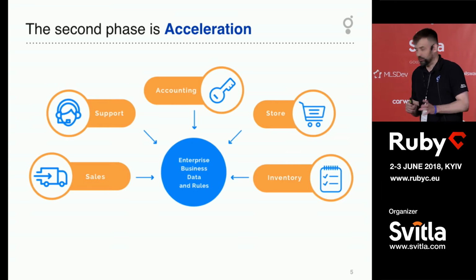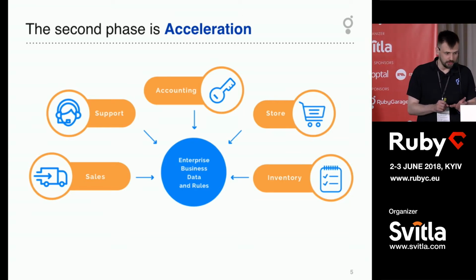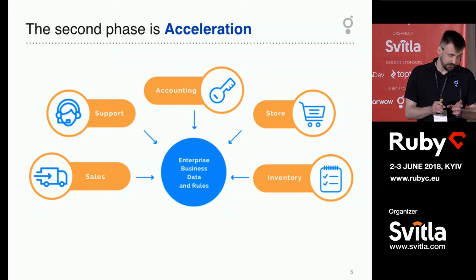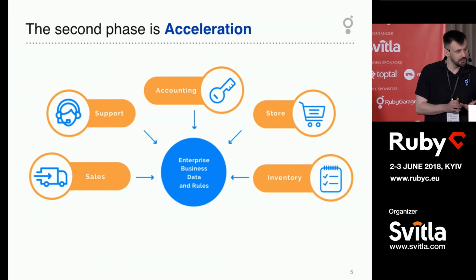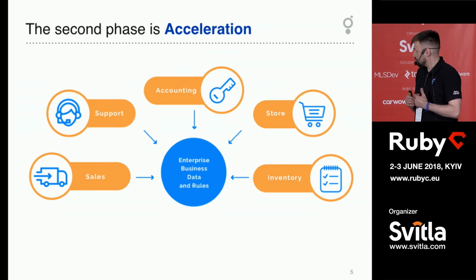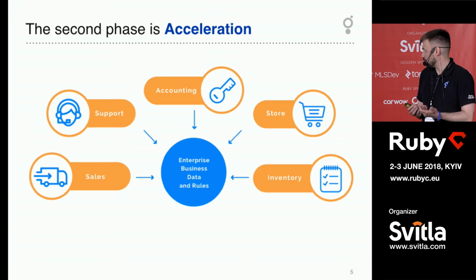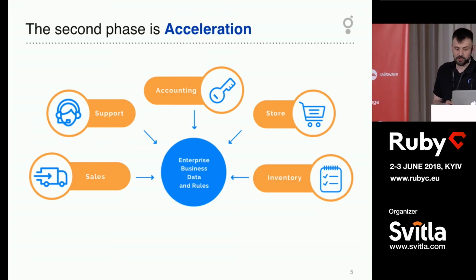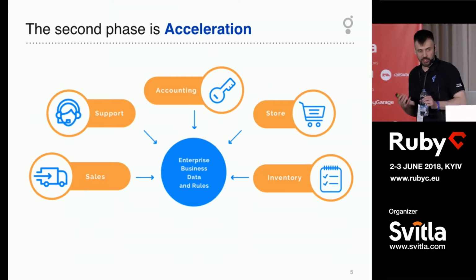And very often at this stage, we try to connect a lot of different companies and departments to our small application. At the start it was a really small application and only final users tried to use it.